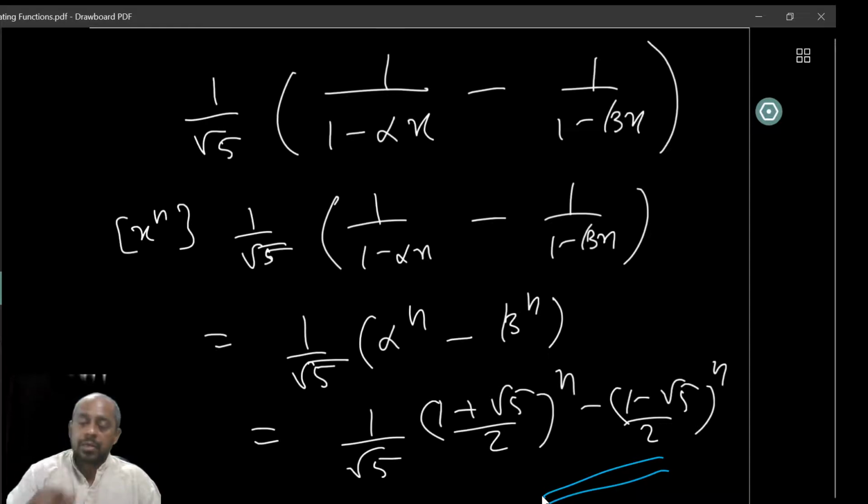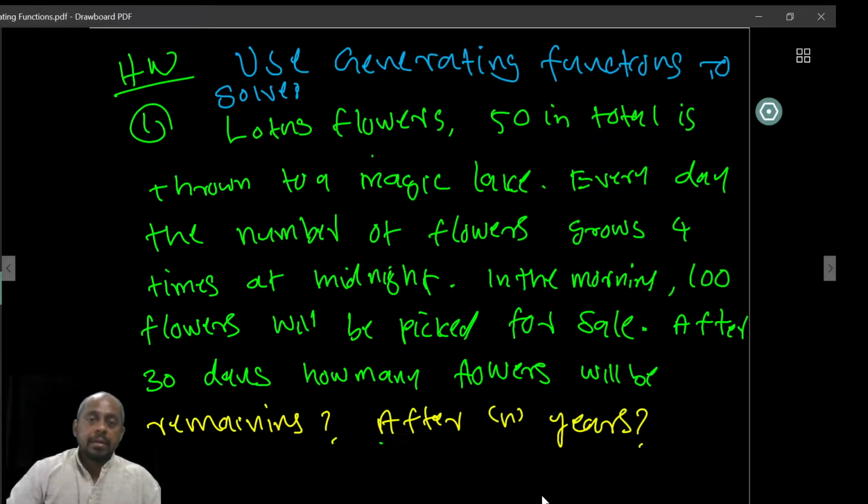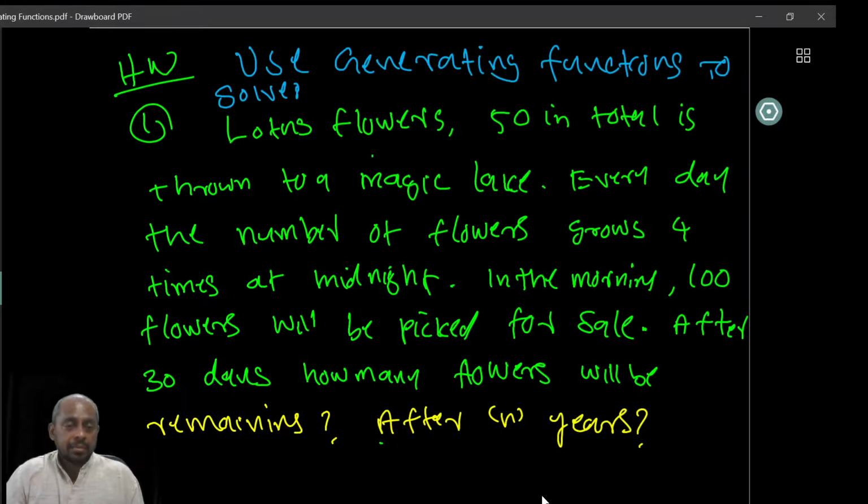Now what else? Here is a couple of homeworks for you. Use generating functions to solve the following question. You are given that 50 lotus flowers are thrown into a magic lake. The lake is magic in the sense that if you put some lotus flowers there, next day you will have 4 times the number.